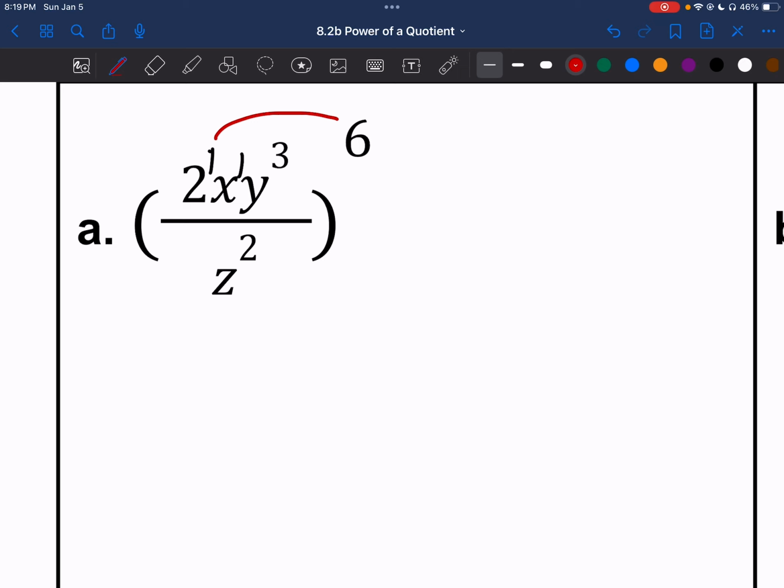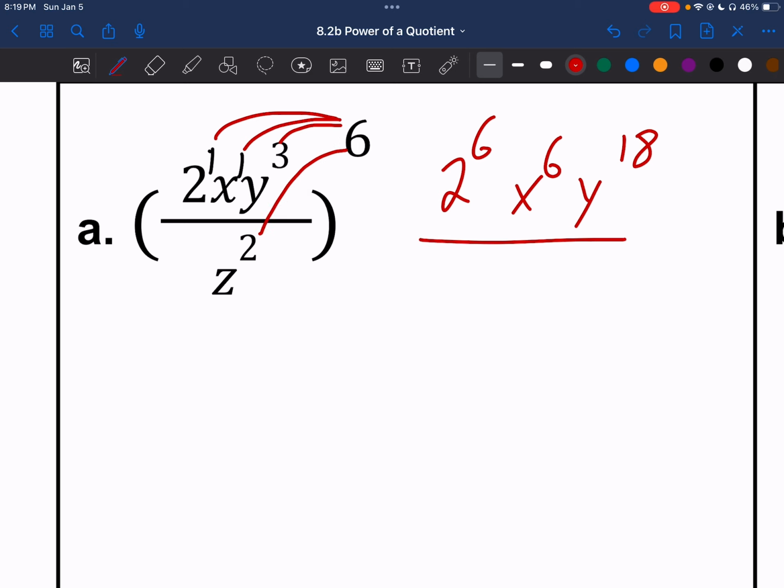So we have 2 to the 6th power, x to the 6th power, y to the 18th power. And then to the denominator, this is all over z to the 12th power. None of our variables cancel. There's no coefficients to cancel.